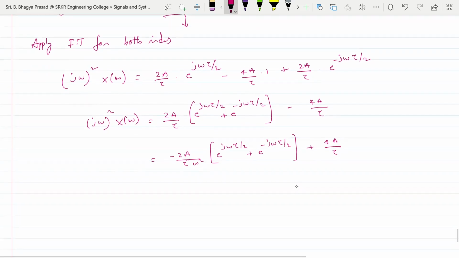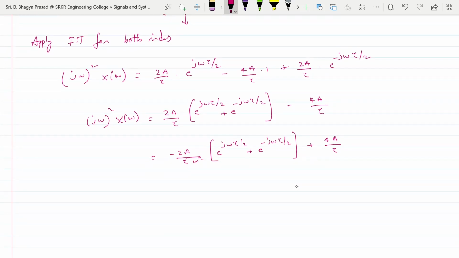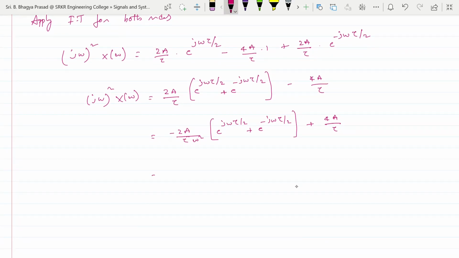Okay, so this entire expression I can make as 2a by tau ω squared, and I will convert this one into the cos term. I am making the entire terms a common expression: minus 2 (e^(jωτ/2) + e^(−jωτ/2)) by 2 plus 2.